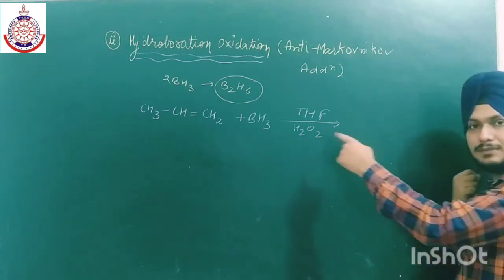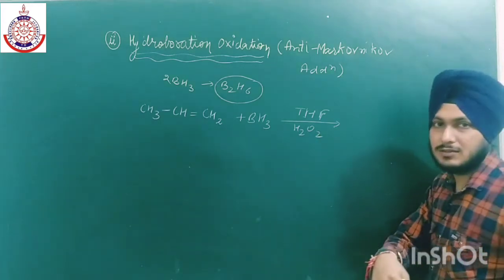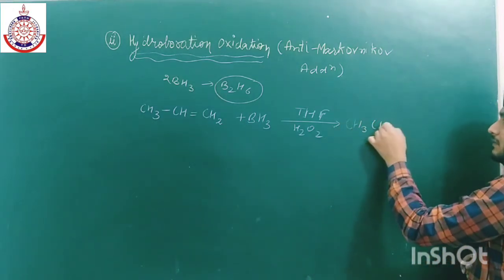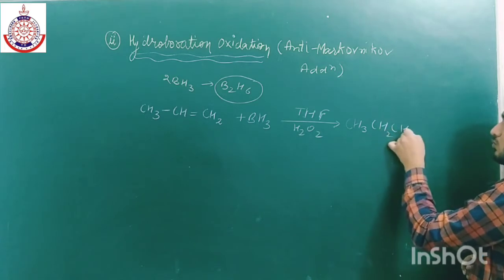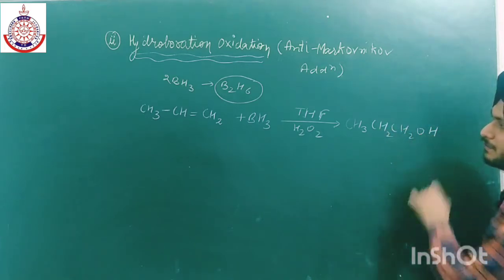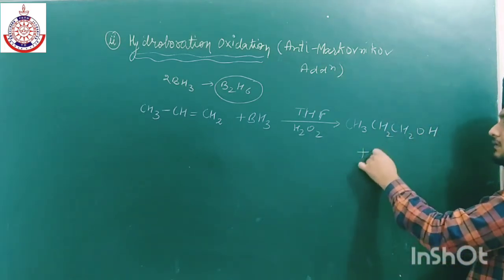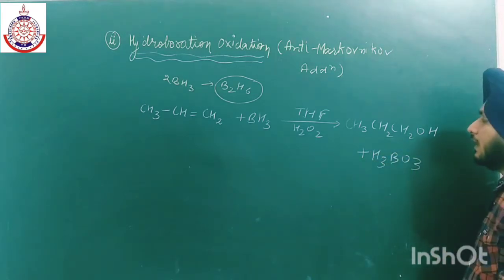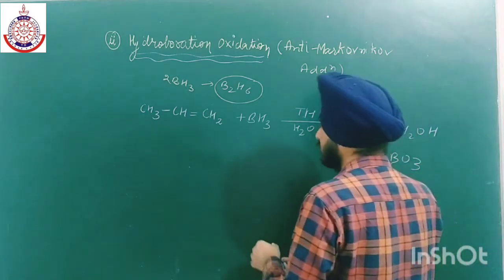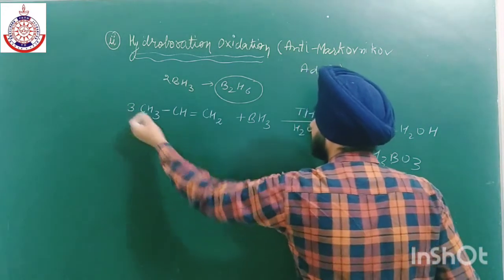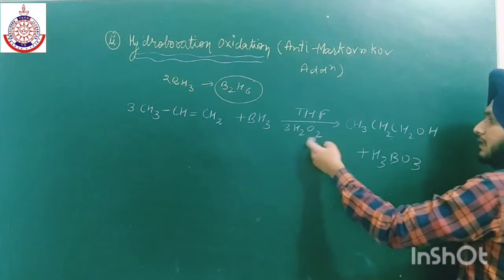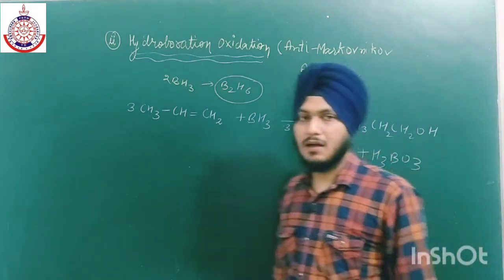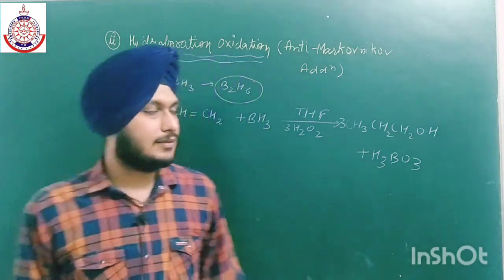This is the second step, the oxidation in the presence of hydrogen peroxide, and we will get CH3 CH2 CH2OH as the main product, plus H3BO3, boric acid. We have to take 3 molecules of alkene and 3 molecules of H2O2, and we will get 3 molecules of it. So this is the general reaction.